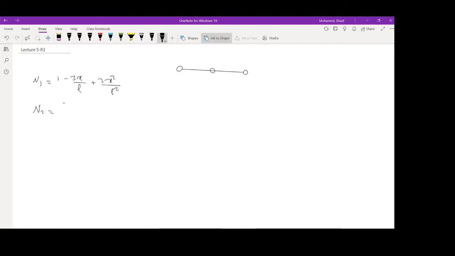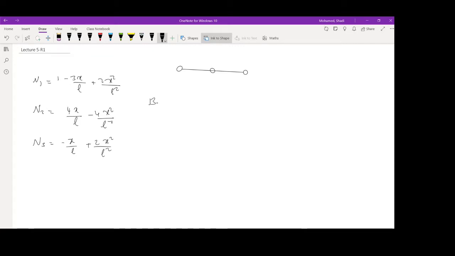N2 is equal to 4x over L minus 4x squared over L squared. And finally, N3 is equal to minus x over L plus 2x squared over L squared. We did the shape functions first, and then we did the B matrix.